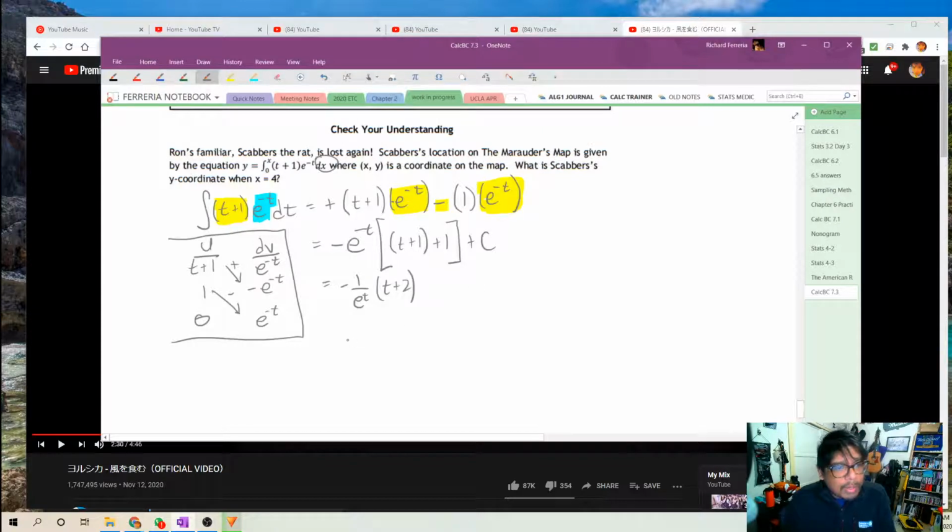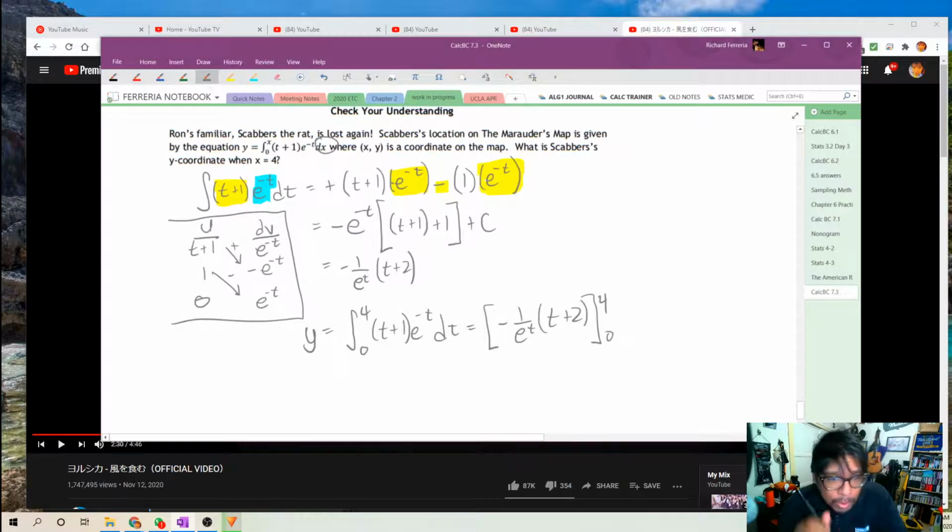Let's do our definite integral now. His y coordinate when t equals 4 is equal to the integral from 0 to 4 of t plus 1 times e to the negative t dt, which is equal to negative 1 over e to the t times t plus 2, evaluated at 4 and 0.